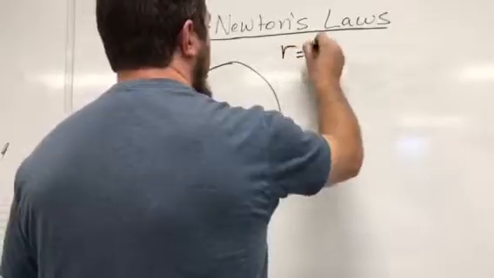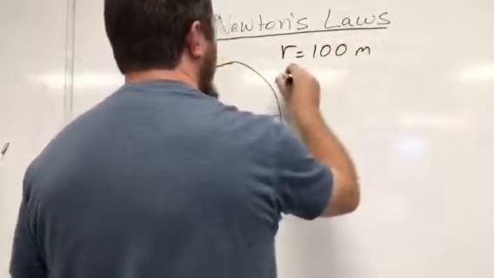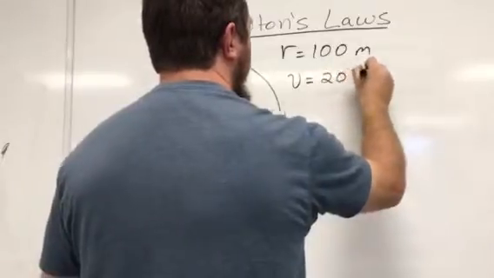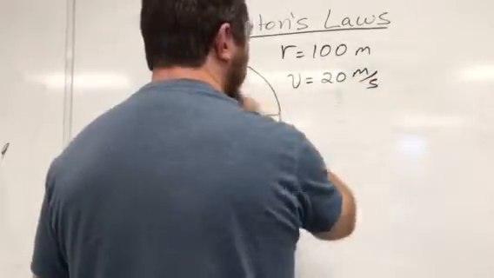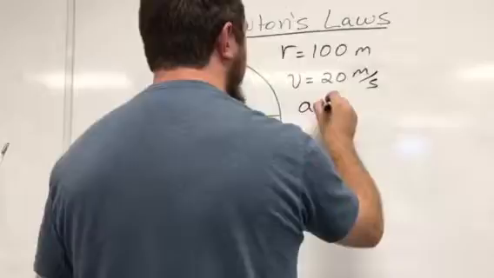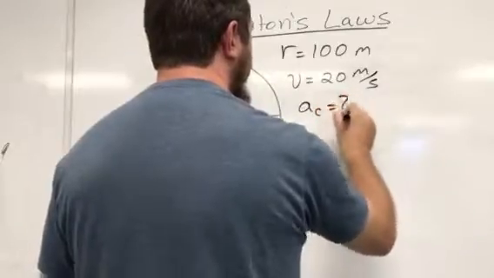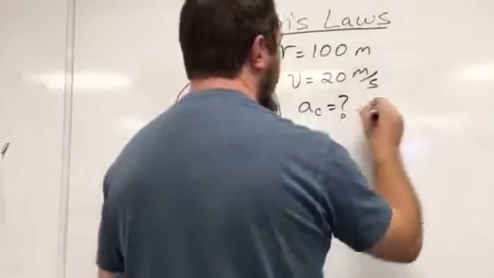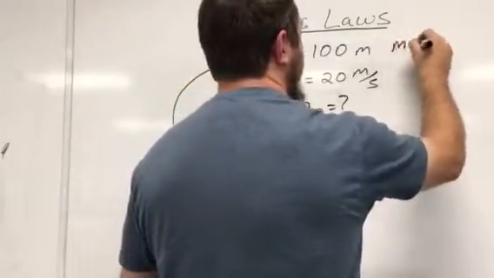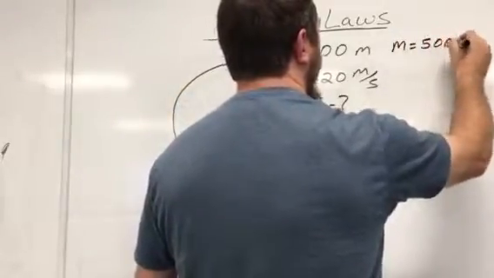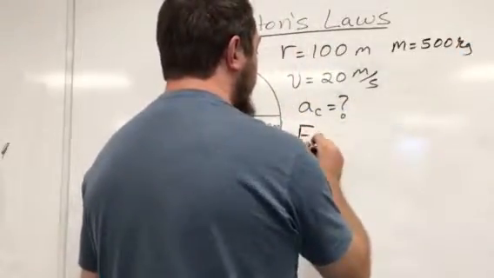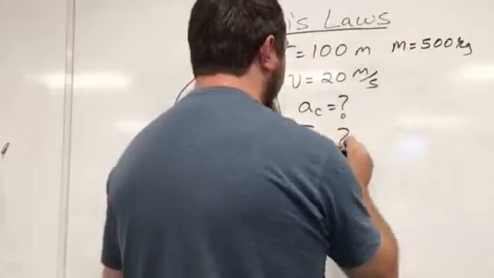And we'll let the speed of the car be 20 meters per second. And I want to know what the centripetal acceleration is, and B, if we use the same car so that our mass is the same, let's let the mass equal 500 kilograms. If the mass equals 500 kilograms, what is the centripetal force as well?